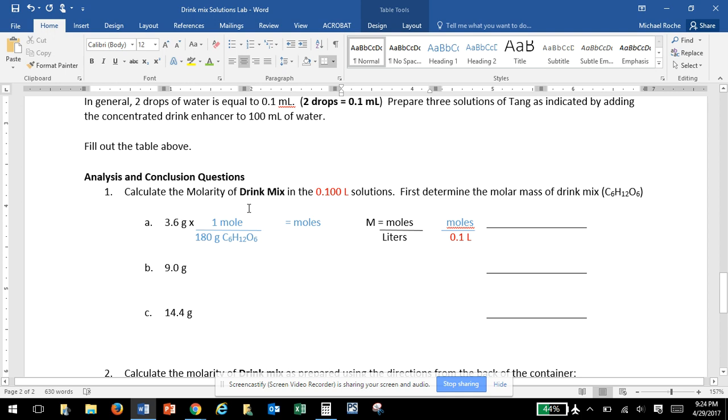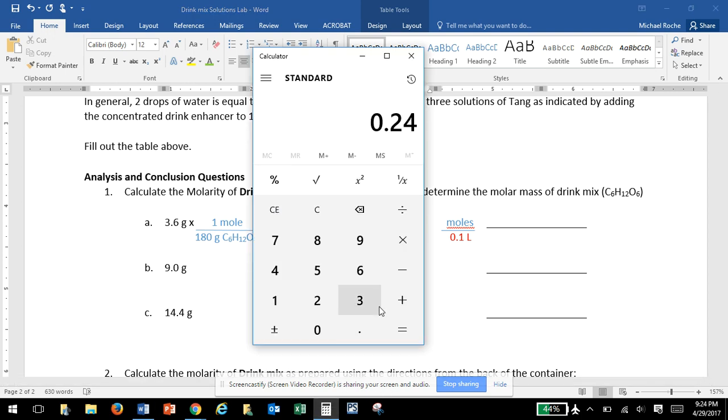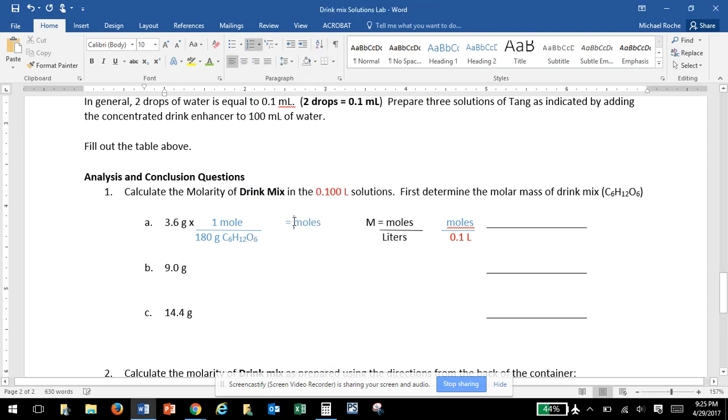So 3.6 divided by 180 grams will give you how many moles of this there is. And I guess we could do that real quick. 3.6 divided by 180. So that'll give you 0.02. So that means there were 0.02 moles in that cup.